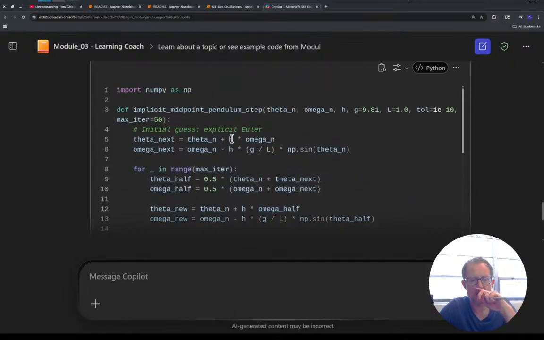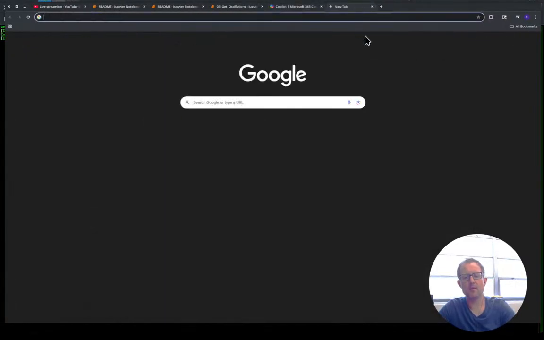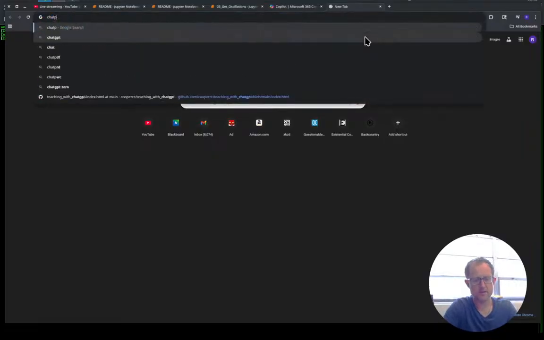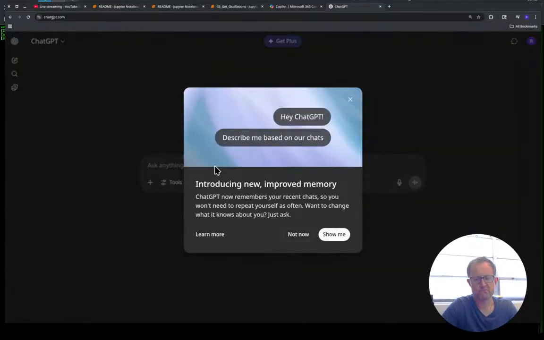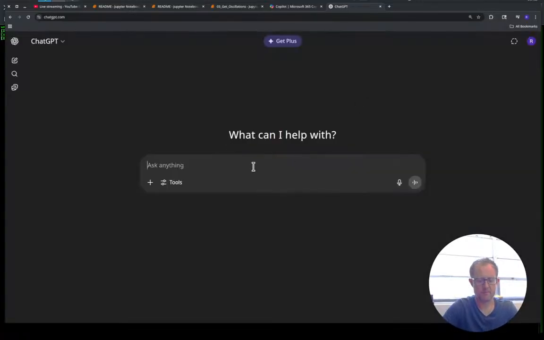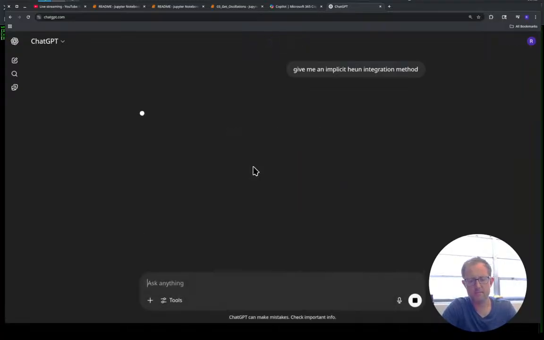Because the thing that I keep seeing, it came up more when I was using ChatGPT: give me an implicit Kuhn integration method.